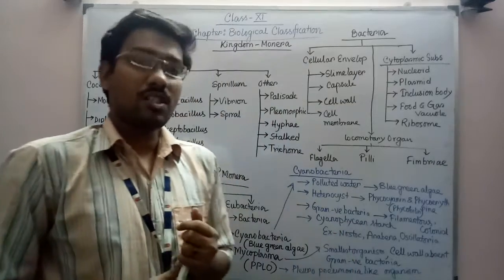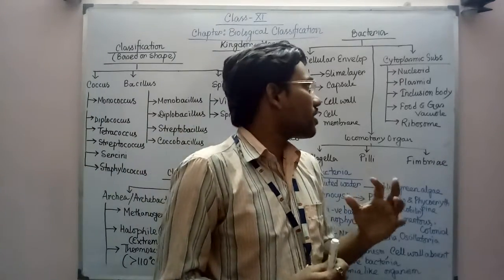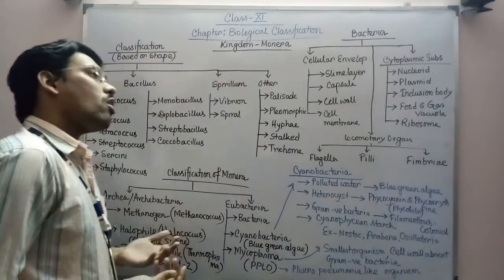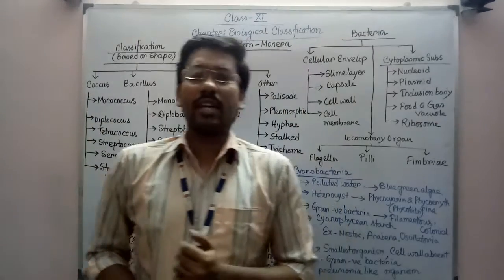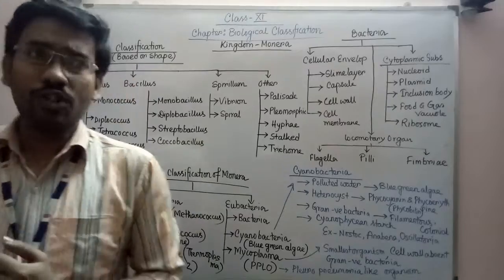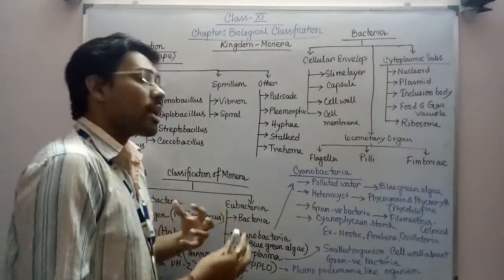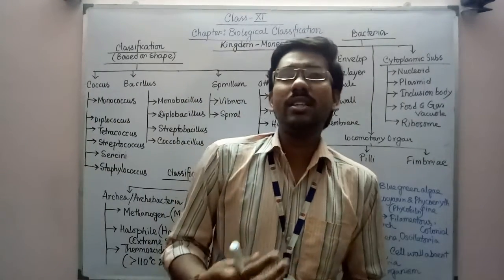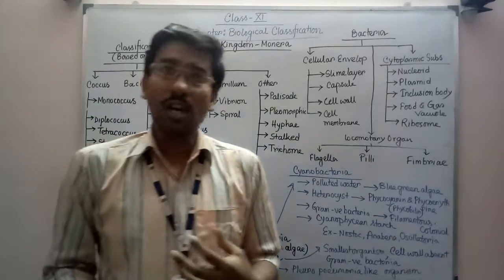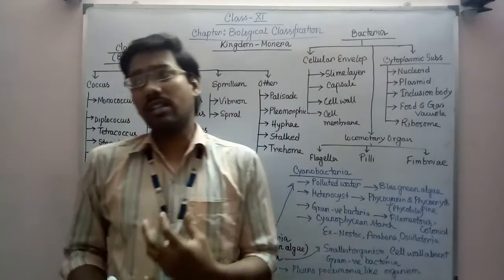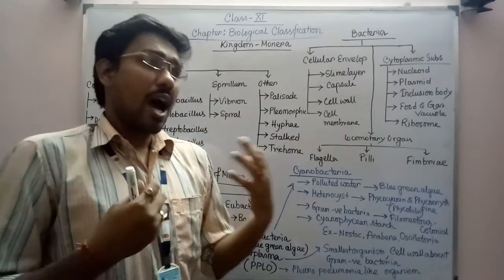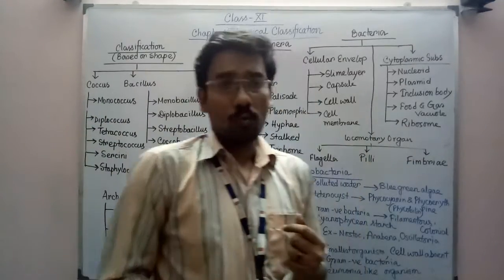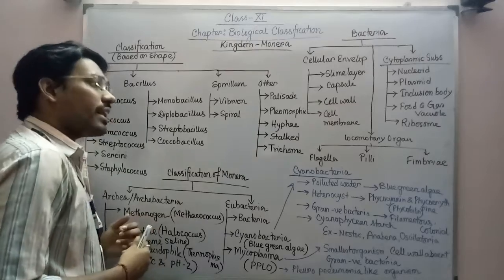Second point is plasmid. Plasmid is that specific structure which can also be called extra chromosomal DNA. In this extra chromosomal DNA, keep in your mind, several kinds of virulent genes are present. Virulent genes means those specific genes which are responsible for any kind of disease. So those kinds of virulent genes are present in this plasmid, and commonly it can be called extra chromosomal DNA.